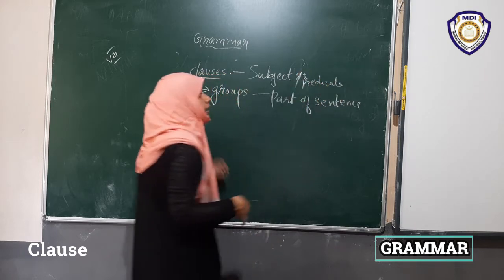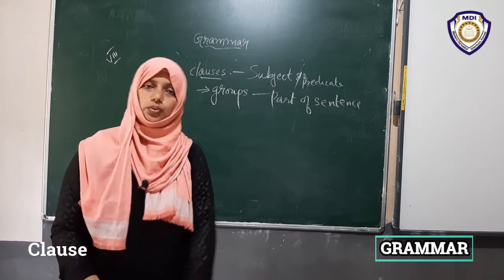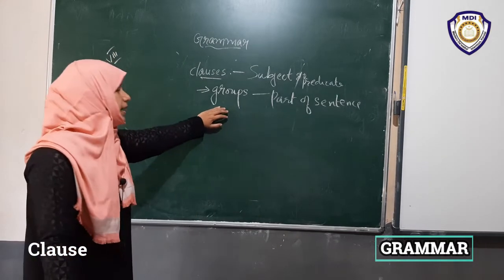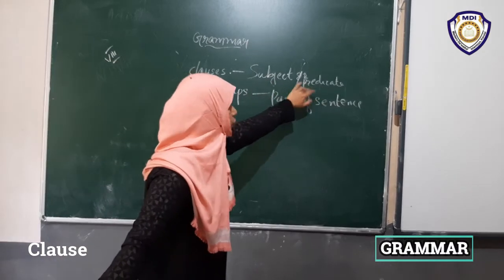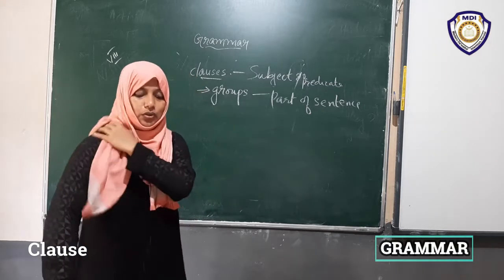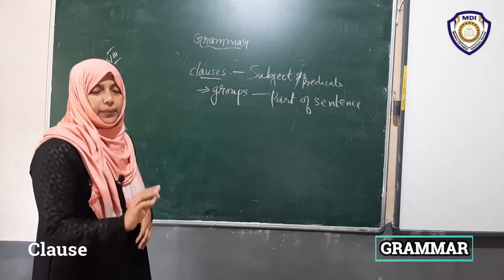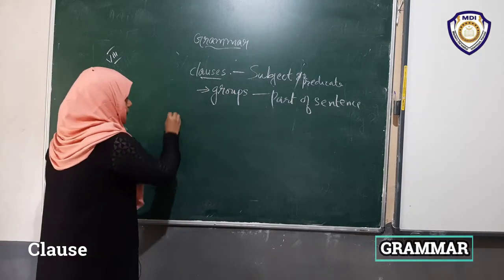Clause ennu parnale oru part of sentence aanu, group of words, oru subjectum oru predicatum, adu clause. Then two types of clauses, principal clause and subordinate clause.